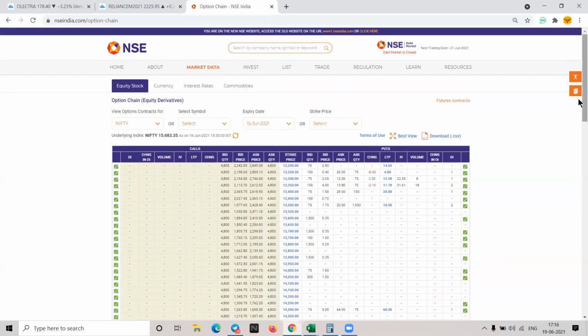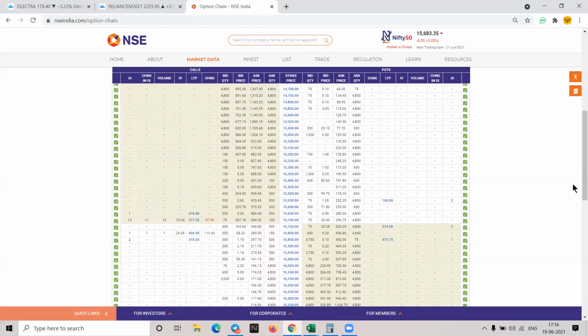So this is the ATM. What is the price of it? 277, right? Yes. So after 1 month, if the price is somewhere around 15,700, this complete amount is his profit.